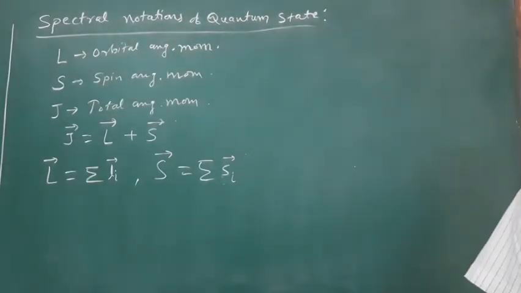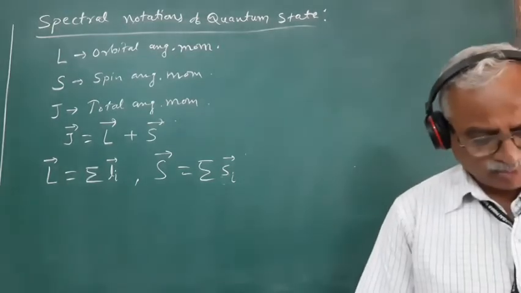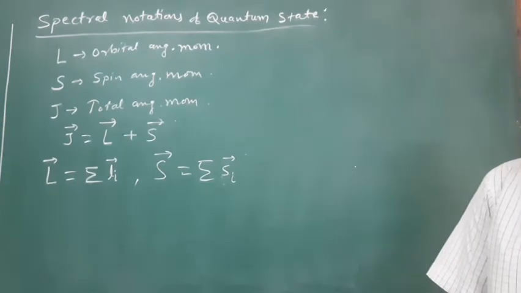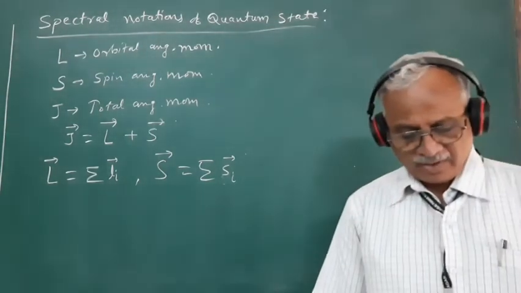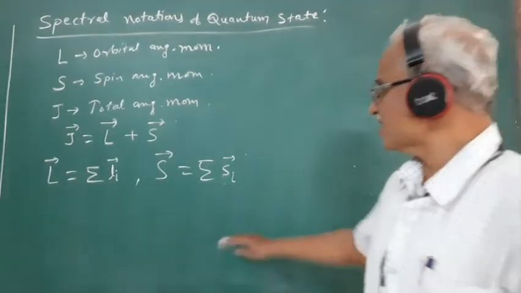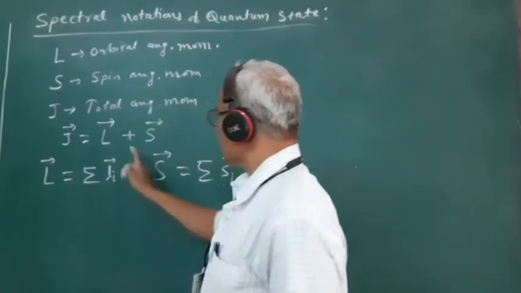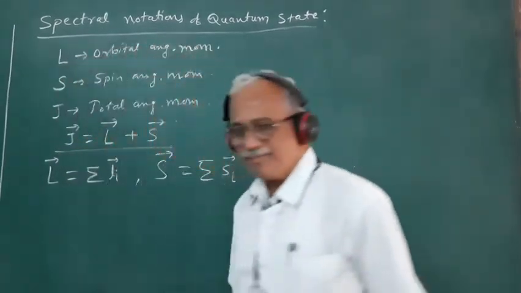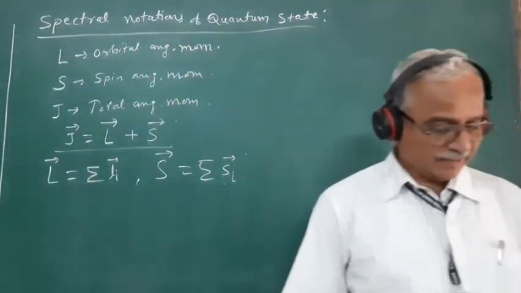In addition to this, the total orbital momentum L bar and the total spin S bar give the total momentum J bar. The sum of L bar and S bar is going to give the total momentum J bar for an atom.